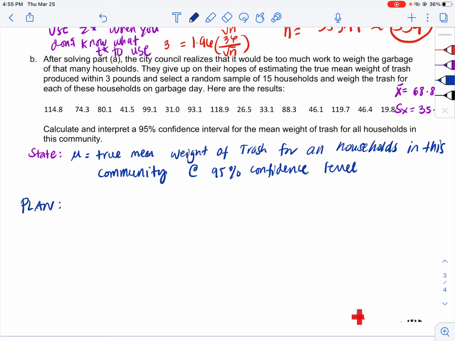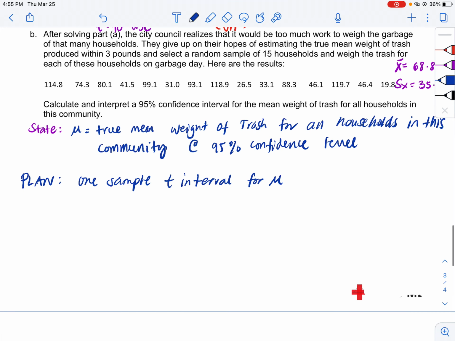We have to name our procedure. So this is a one sample t interval, not z, for a mean. Then we have to check our conditions. This is a random sample of 15.